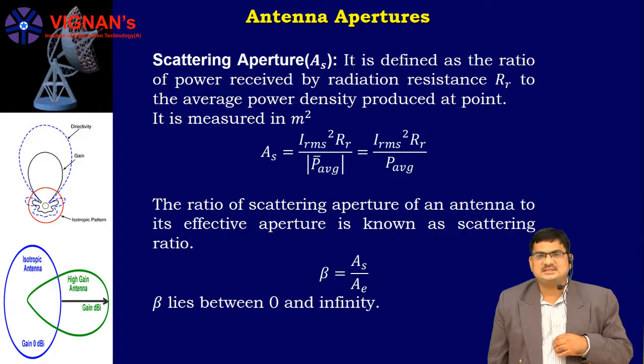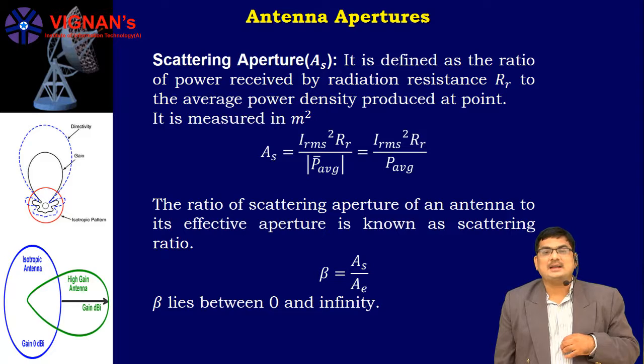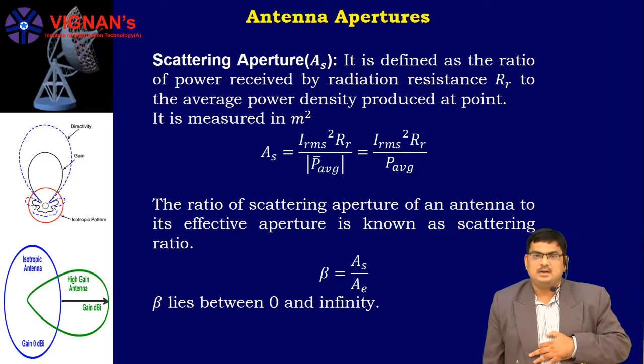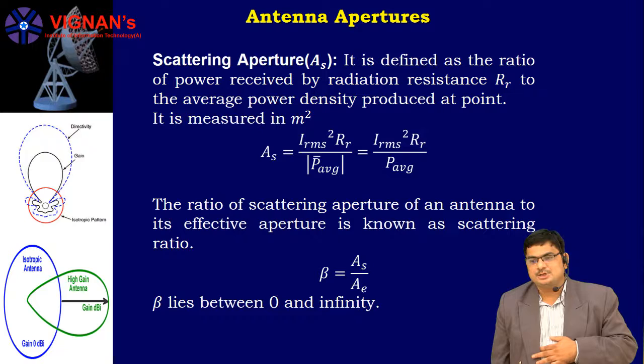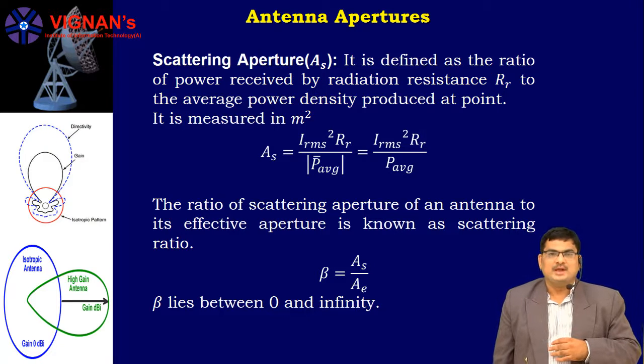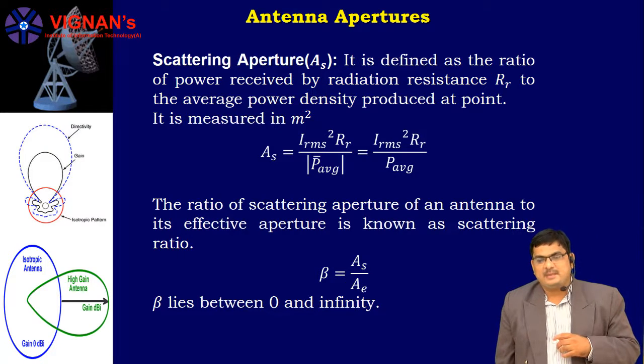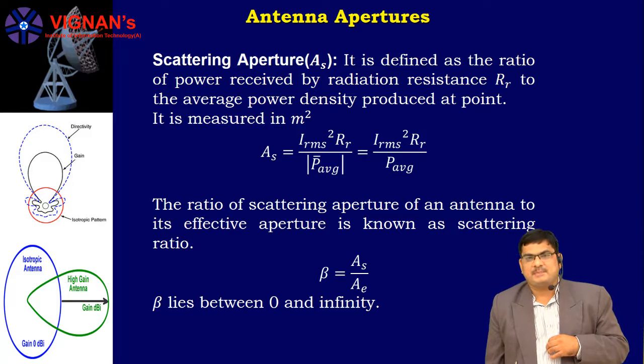So AS equals I square RMS into RR by the average power. Here we can define another ratio, the scattering ratio. Beta equals AS, the scattering aperture, by the effective aperture AE.